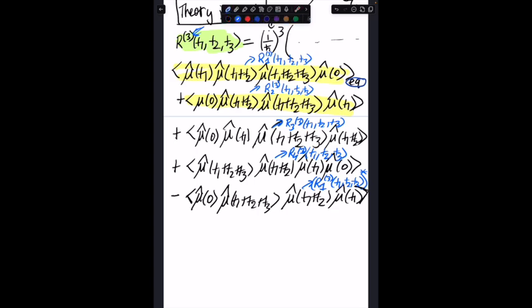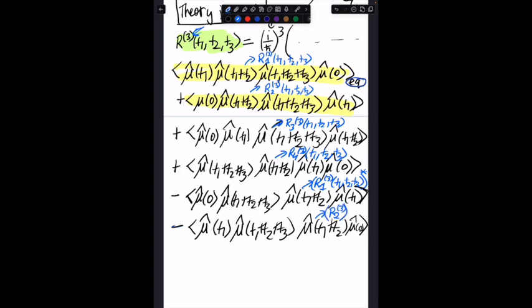And likewise, we will have three more terms with the same complex conjugate, where it can be observed now that this is just the complex conjugate of R2.